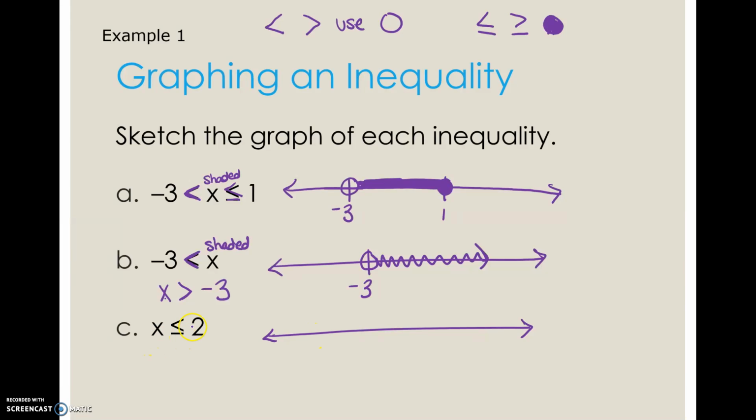This next one, x is less than or equal to 2. So we've got a 2. Some people like to also put 0 on the graph so that you can see a little bit more, but I really don't care about how detailed your graph is. Should we use a closed circle or an open circle on this one? Closed circle because it can equal 2.